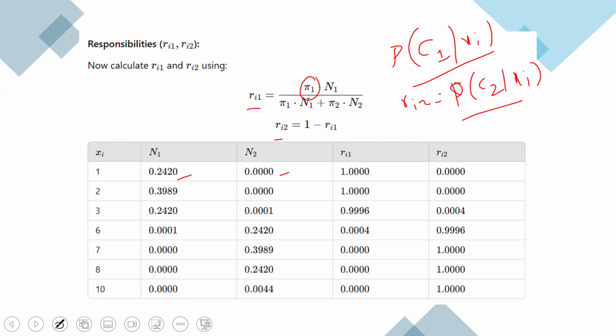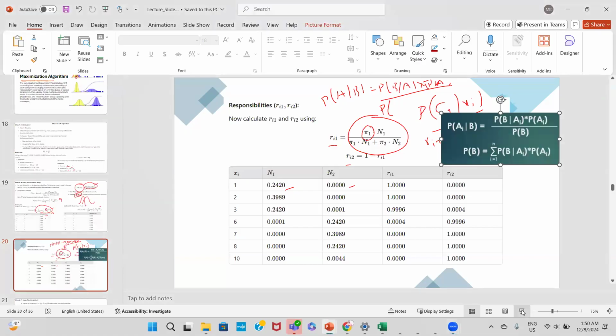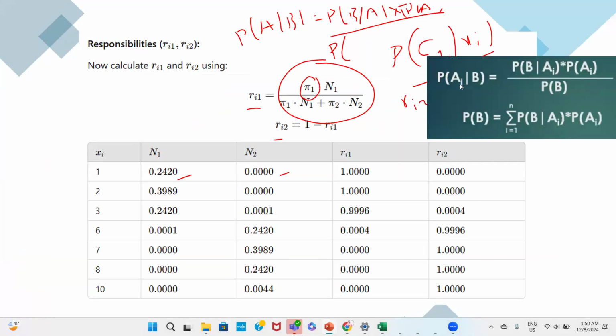Now if we apply the Bayes theorem, what does Bayes theorem say? Probability of A given B is nothing but probability of B given A into P of A, divided by the probability of B, over all the clusters. So this is what Bayes' theorem actually says for us.